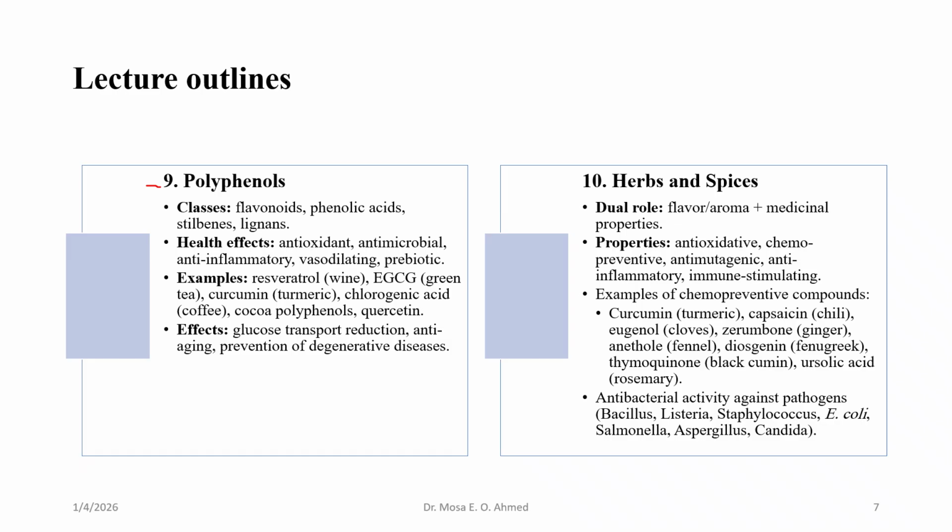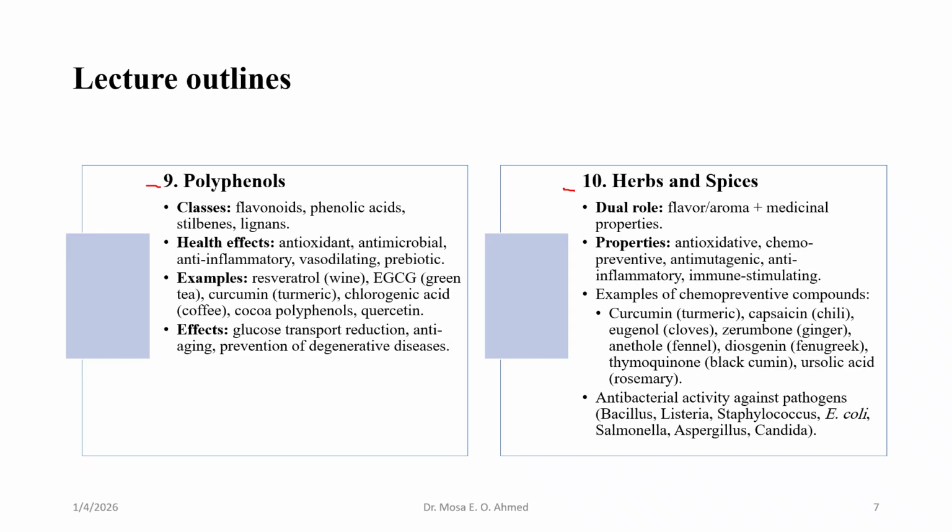The physiological effects of these polyphenols include affecting glucose transport reduction, anti-aging effect, and prevention of degenerative diseases. And the 10th outline of this lecture on nutraceuticals involves herbs and spices.